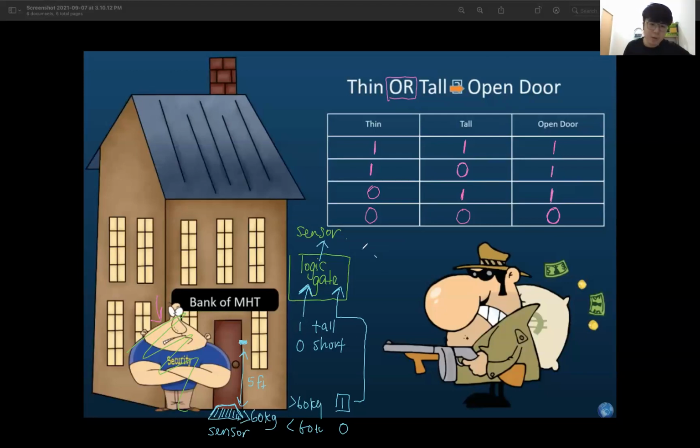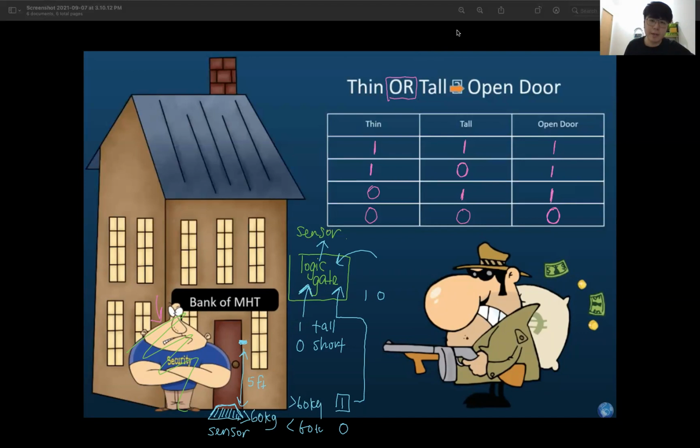What is inside this logic gate? Basically, it's just circuits, transistors, diodes, everything together. What you are giving the system is current in the form of 1 or 0, whether there's current or no current. You are giving it current and it makes a judgment.